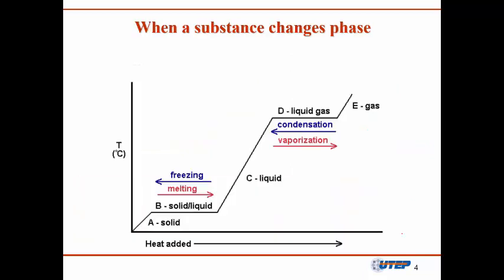You also have learned about when a substance changes phase from a solid to a liquid, from a liquid to a gas. Now in this class, whenever we refer to water, the default is liquid water. As you move from one phase to another, you have to add heat.